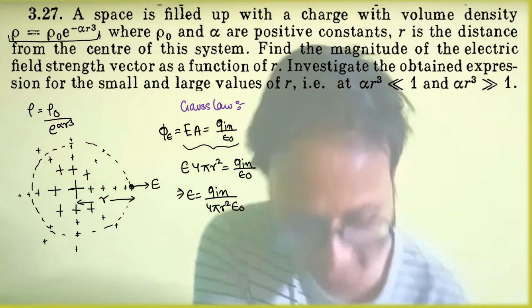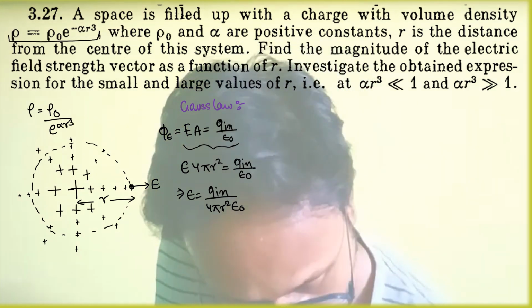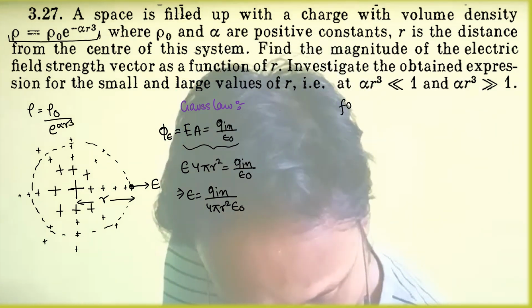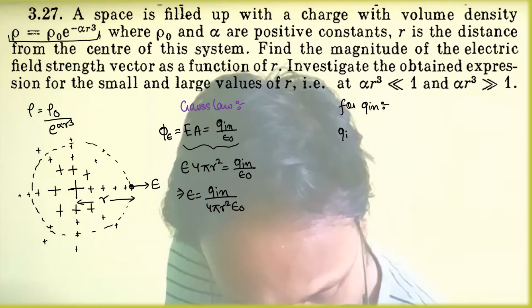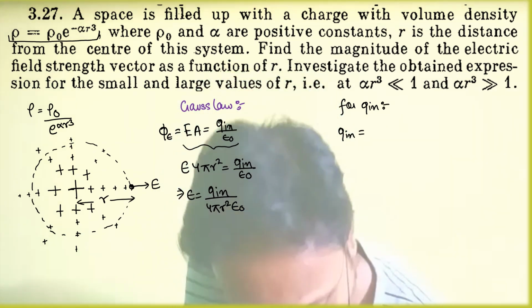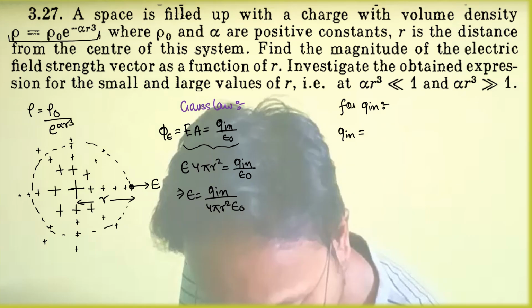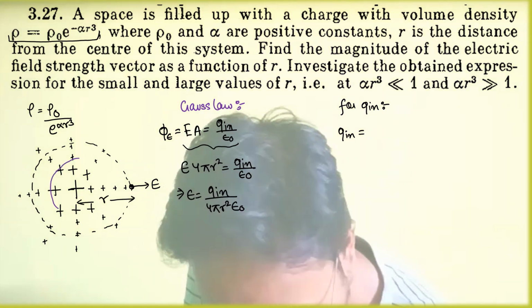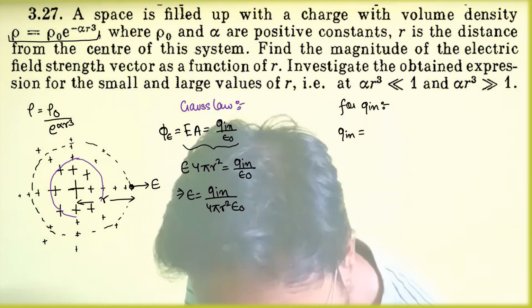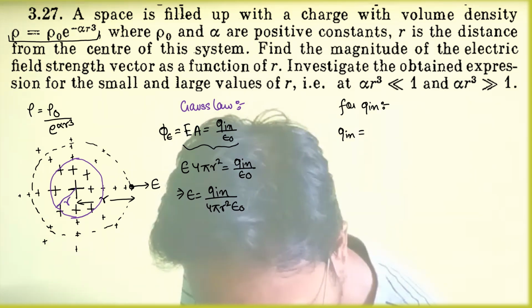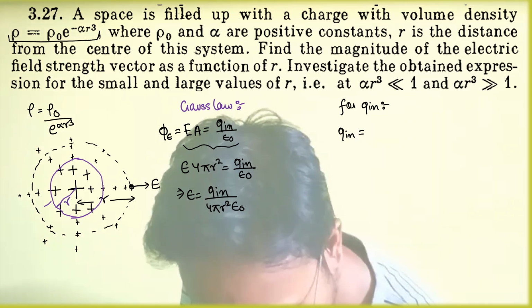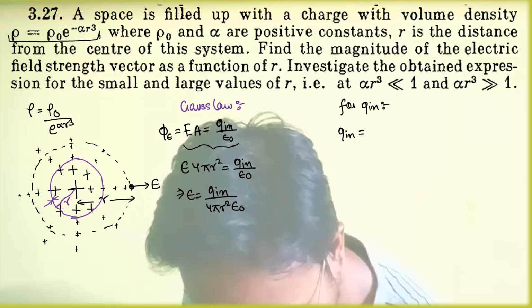So Q inside is equal to, how do I integrate a sphere? We take an elemental shell, take an element at radius r, and the thickness of the shell is dr.